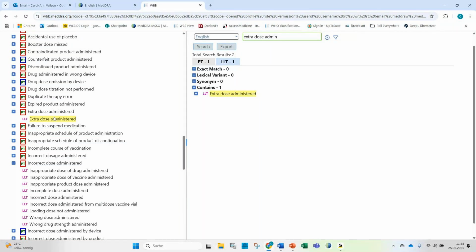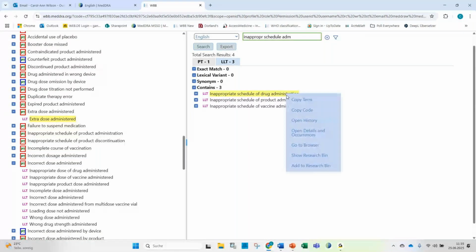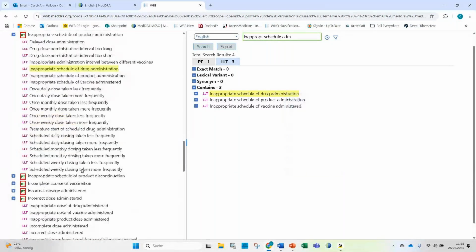So let us again look for the inappropriate schedule. Inappropriate schedule of drug administration. Go to browser. Here we are in the PT, and now let's look. The patient took his drug twice a day and not just once a day.